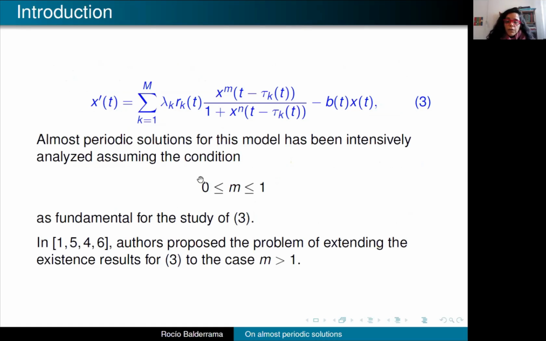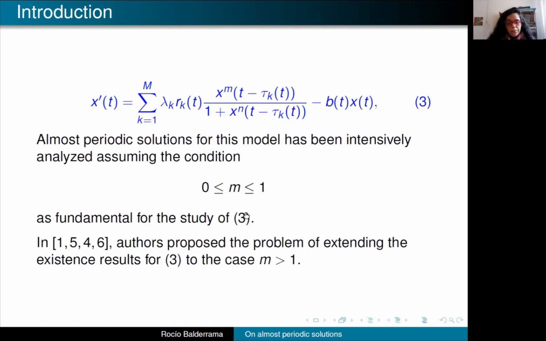And in all of these works, the authors assumed the condition that the exponent m is between 0 and 1 as fundamental for the study of this equation. This assumption is strictly based on the fact that the techniques employed in these works cannot be applied when m is greater than 1.